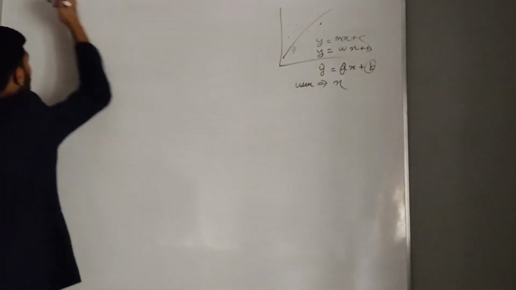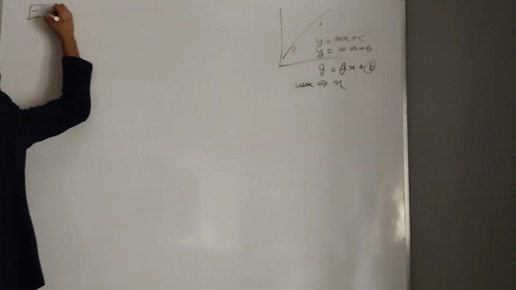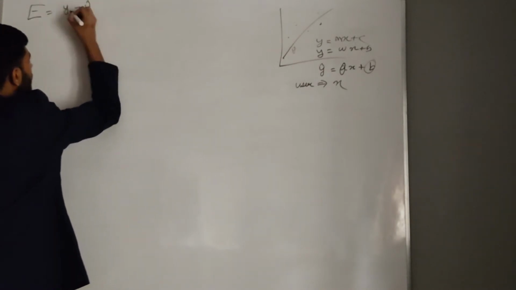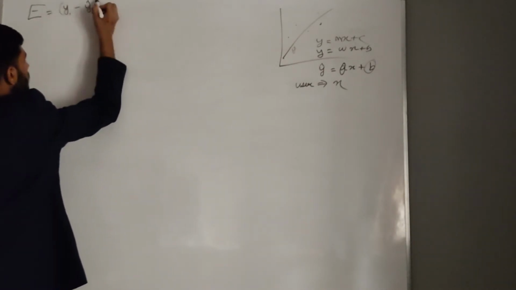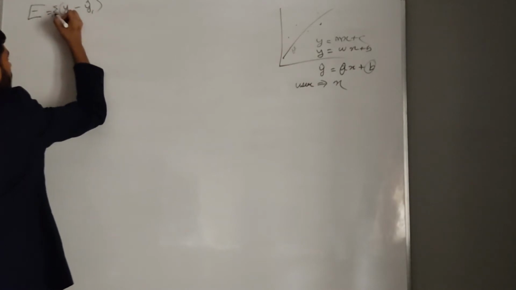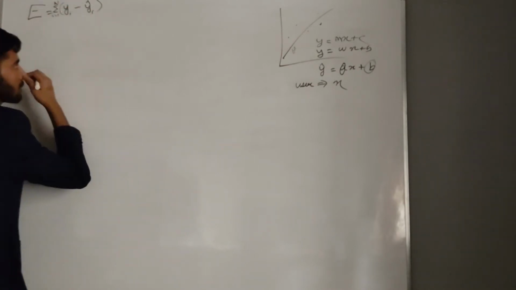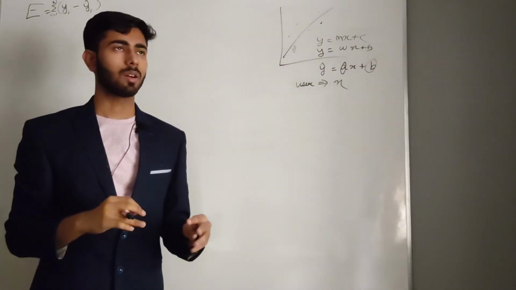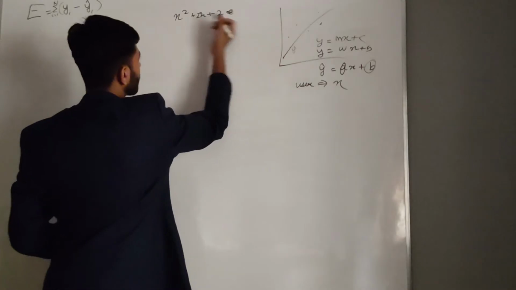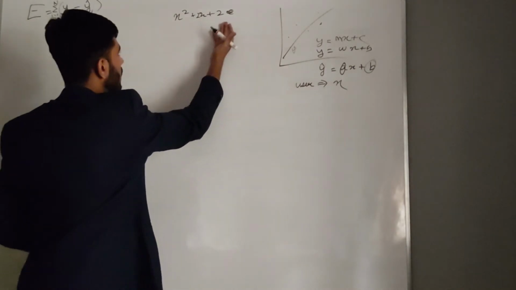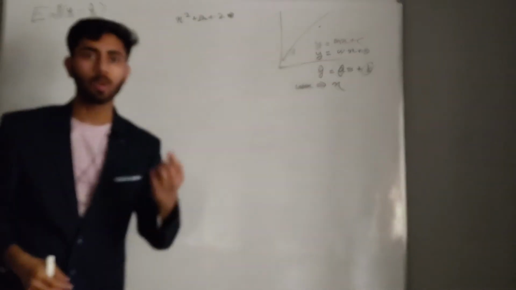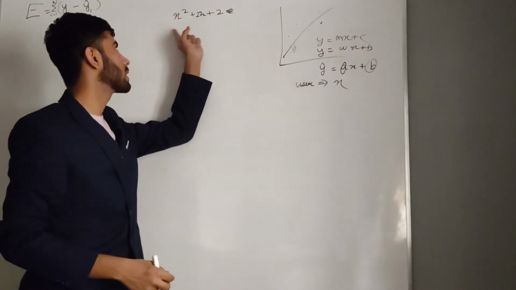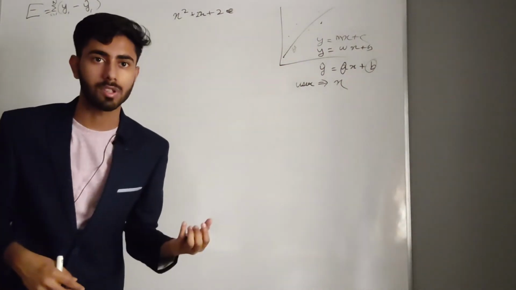Okay, so our error term was e is equal to y minus y cap, and we have to do summation over all of the data points. Now I guess you must be remembering the concept of maxima and minima. Suppose we are given an equation x square plus 2x plus 2, and we want to find the value of x that will give me the minimum value of this equation.